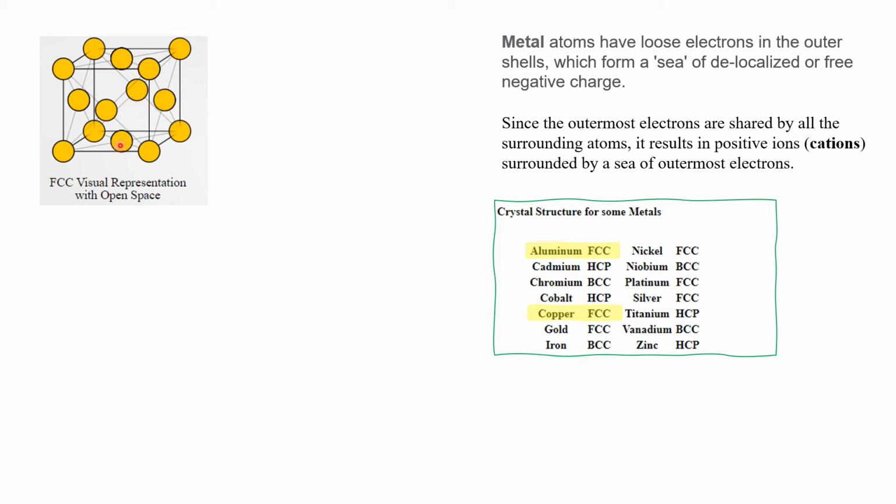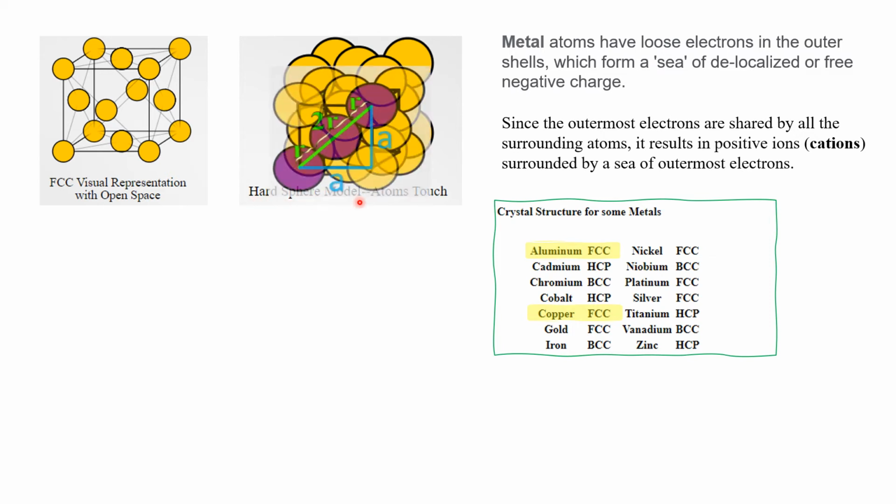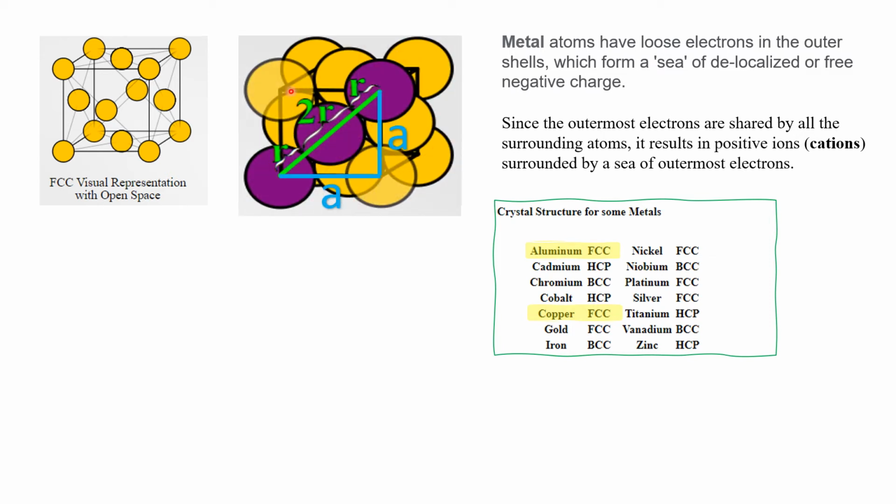In the same way, top and bottom. This is the picture representation, but note that this is just a visual representation. There is a lot of open space, and actually this is how the actual atoms are placed in the metal. This is called the hard sphere model. And here there is a cube again.